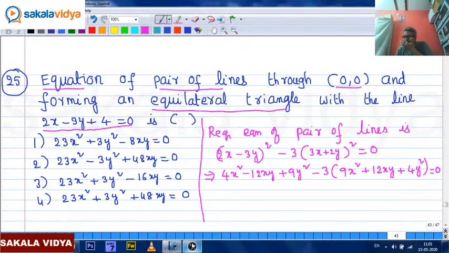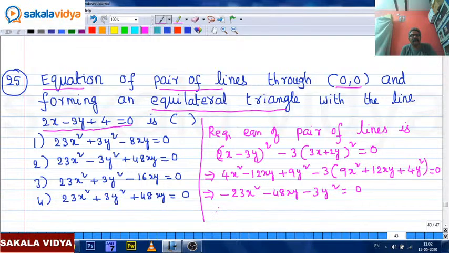Now, 4x square minus 27x square gives minus 23x square, minus 12xy minus 36xy gives minus 48xy, and 9y square minus 12y square gives minus 3y square, equals to 0.